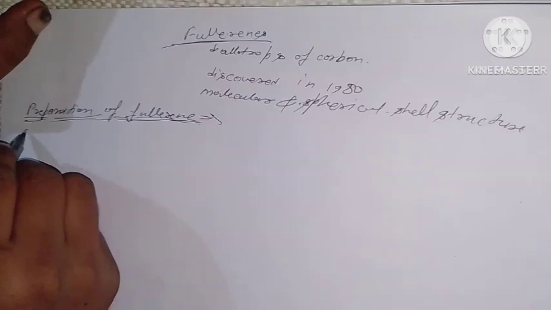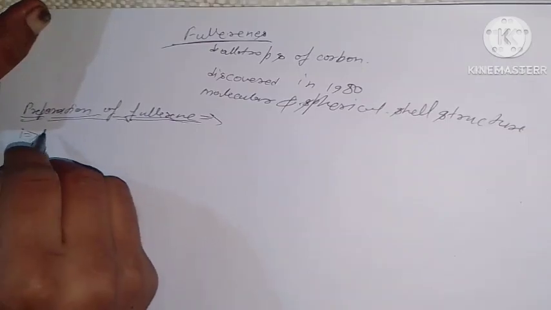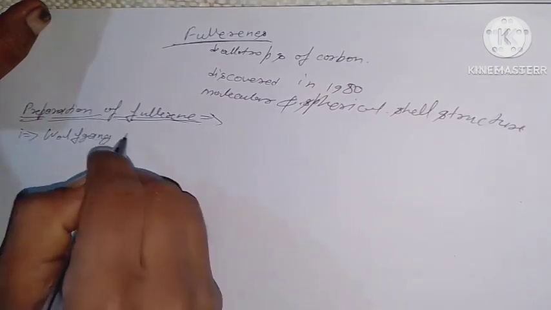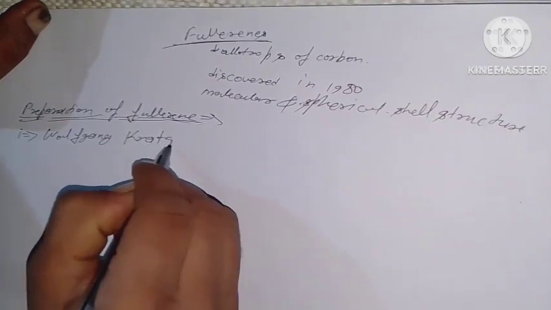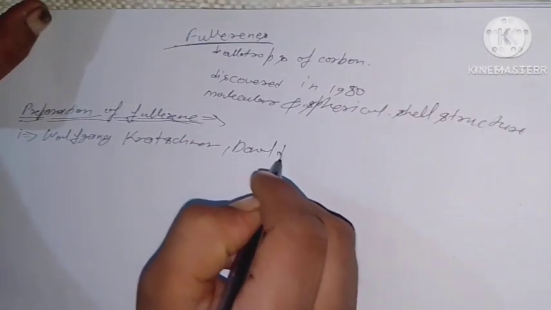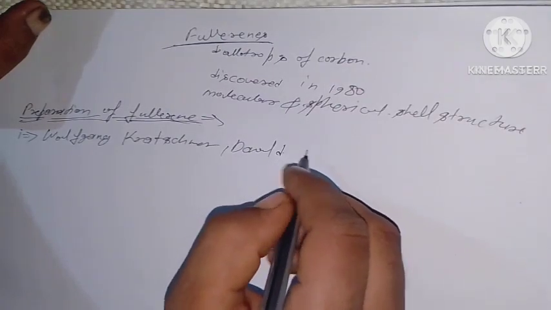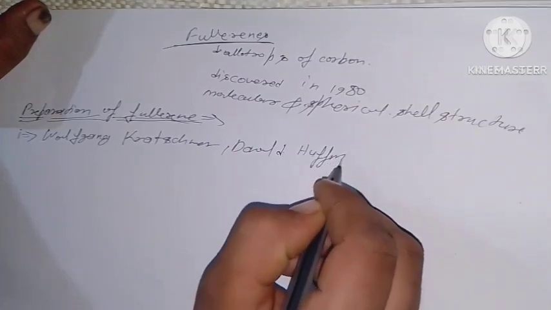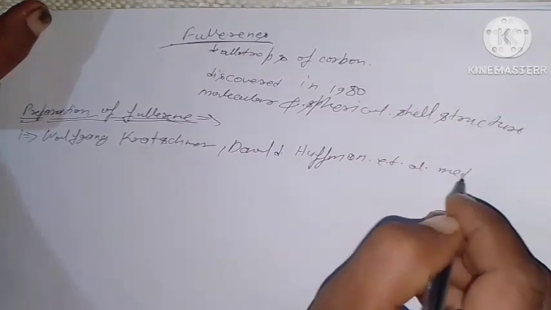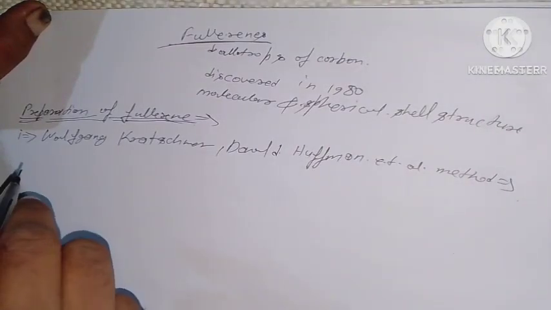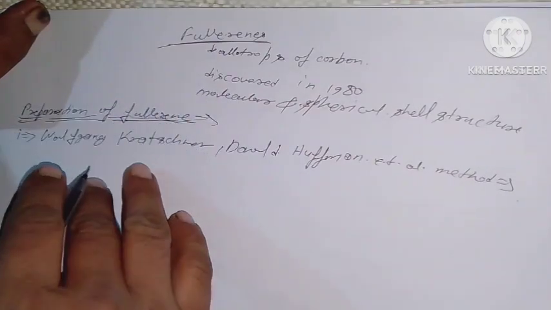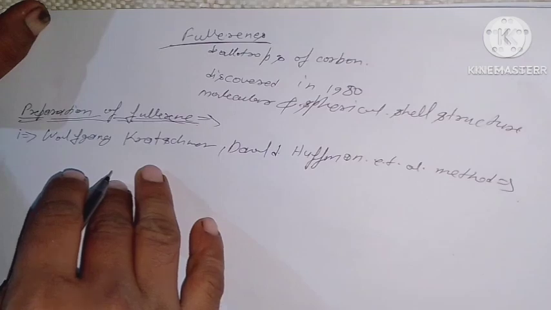First method, the Krätschmer-Huffman method. It is prepared by passing a large electric current through graphite rods in the atmosphere of inert gas.